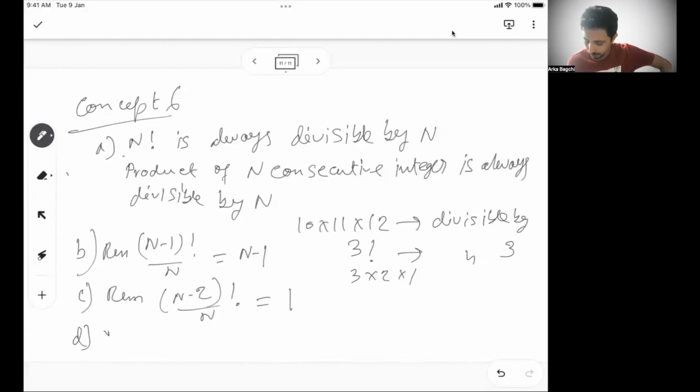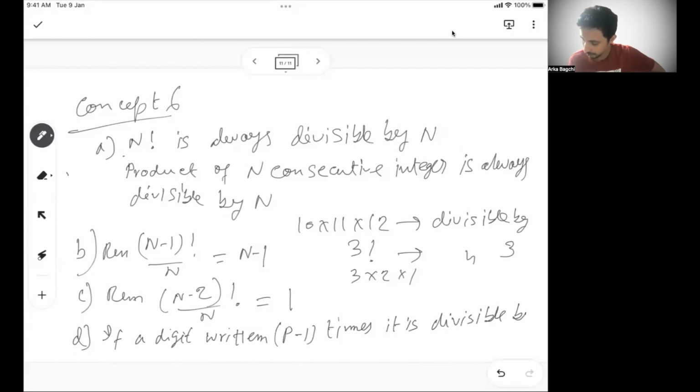One is, if a digit is written p minus 1 times, it is divisible by p if p is greater than 5 and prime.